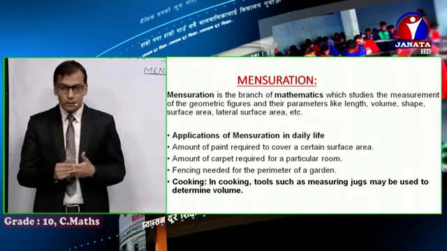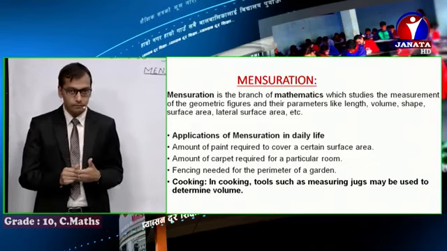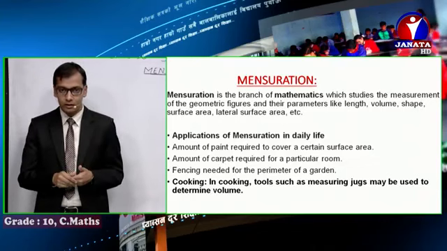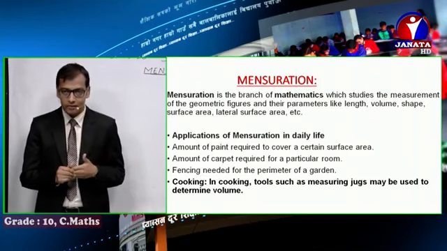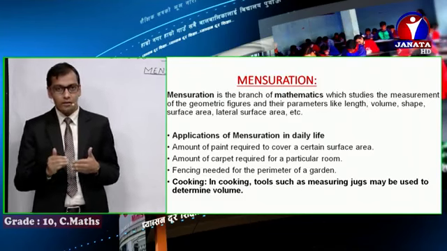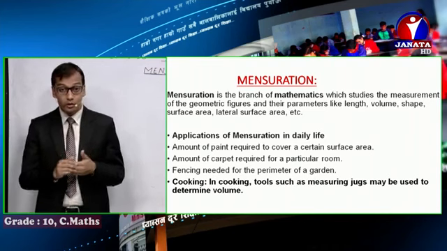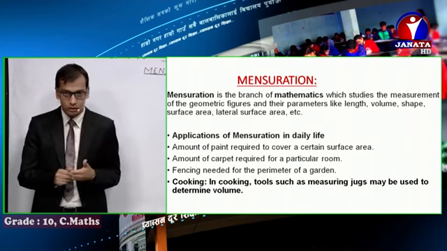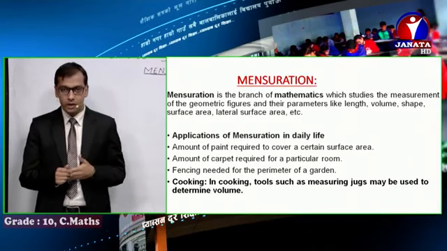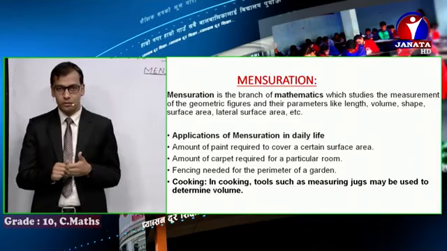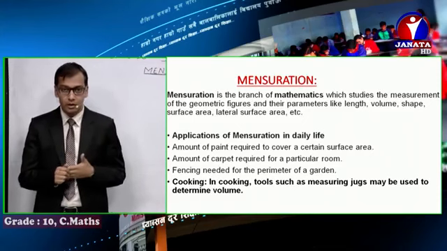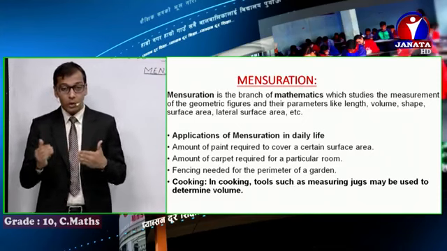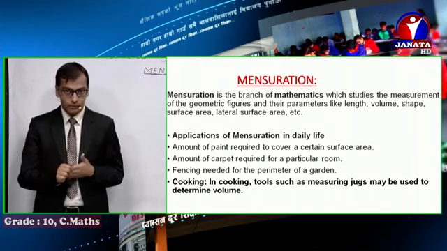So in mensuration, talking about grade 10, there are different topics that we need to learn. Today's main objective is, after taking this class, we will be able to define what a plane surface is. Under plane surface, I am going to discuss different triangles, their areas, their perimeters, and if possible, quadrilaterals.